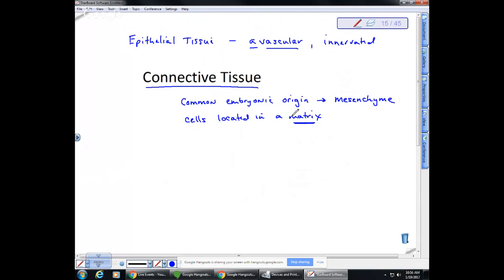Okay. So if we look at examples, what constitutes connective tissue? One obvious example is bone, and we also have blood. We're going to talk extensively about blood and bone later. We also have cartilage.